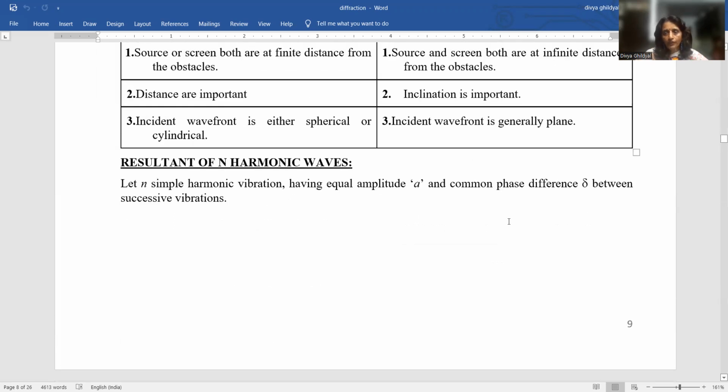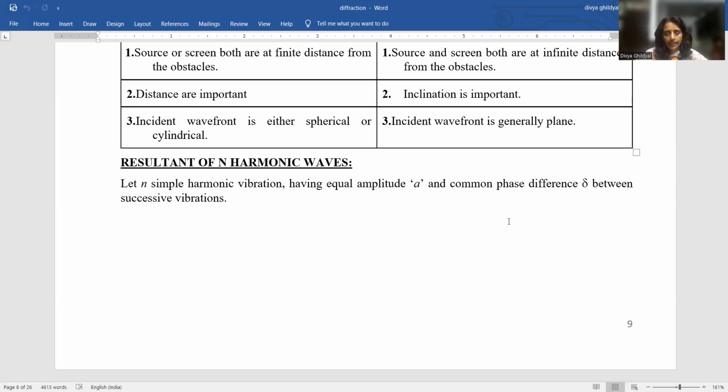Now, before we start deriving an expression for intensity due to single slit diffraction, we need to understand the formula for resultant due to n number of diffraction rays.